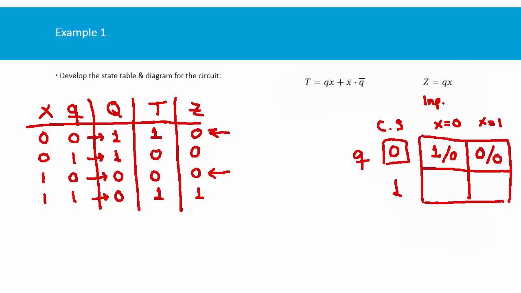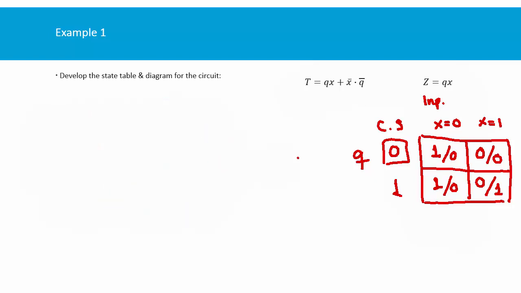If you analyze the next row, q is 1 with an input of 0, and with that you're going to go to 1 with an output of 0. And finally, in the final row, you're going to go to Q 0 and an output of 1. So this is the state table.